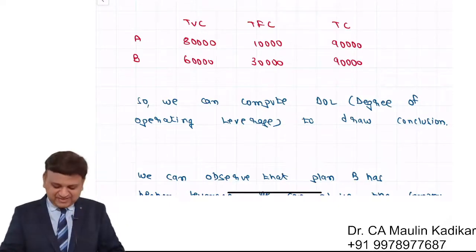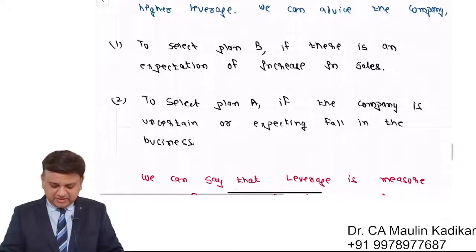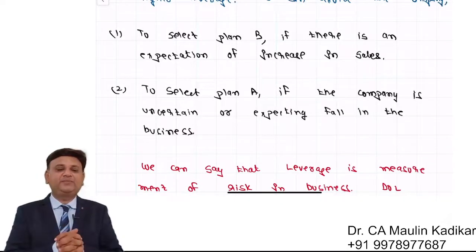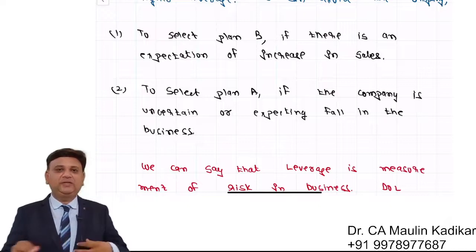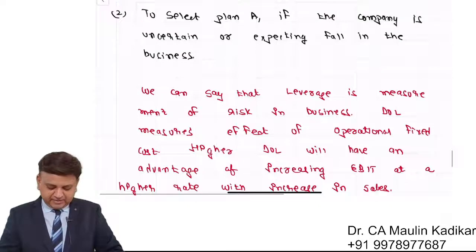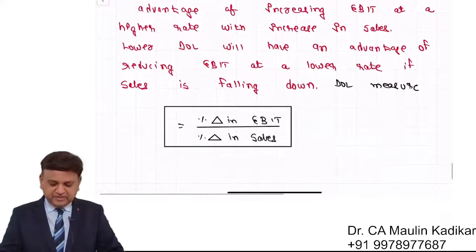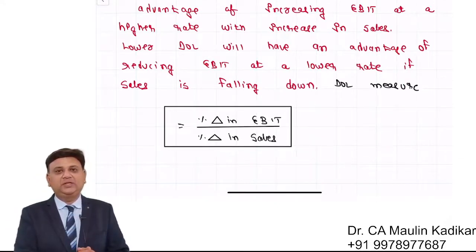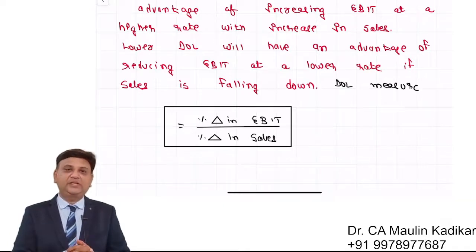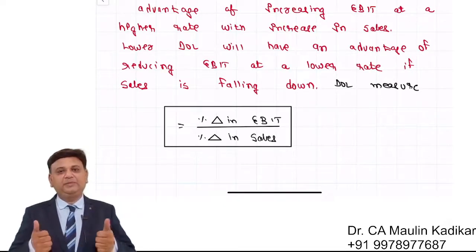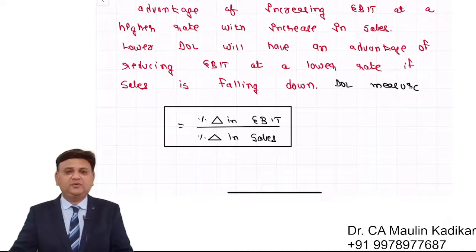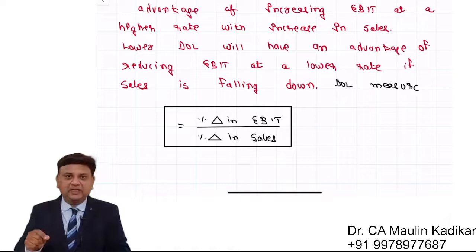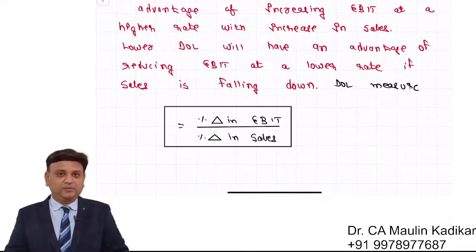So ultimately, after this huge discussion, we will tell the company that depending upon your future expectation, you should select plan A or plan B. We can give this presentation to the management that going with the higher fixed cost will have advantage if all the things are positive, but at the same time be prepared: if the things are not as per your expectation and the sales is falling down, then sharply the operating income is going to fall down.